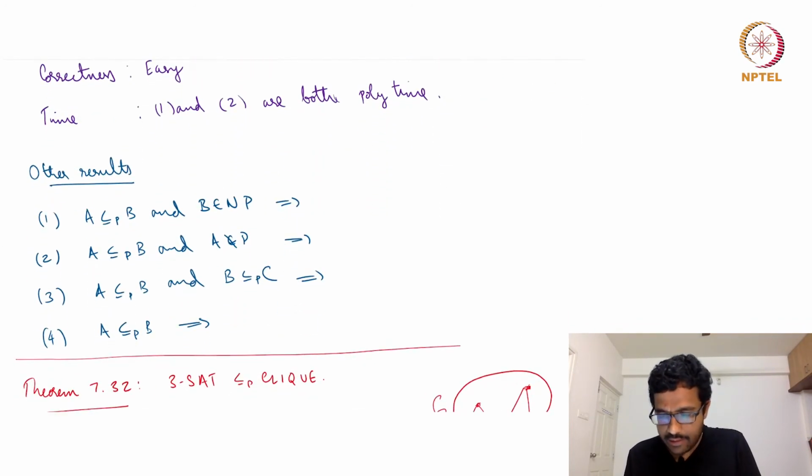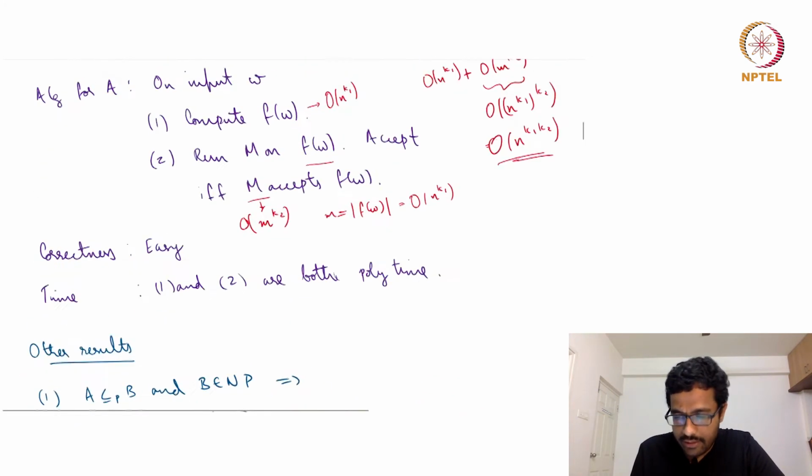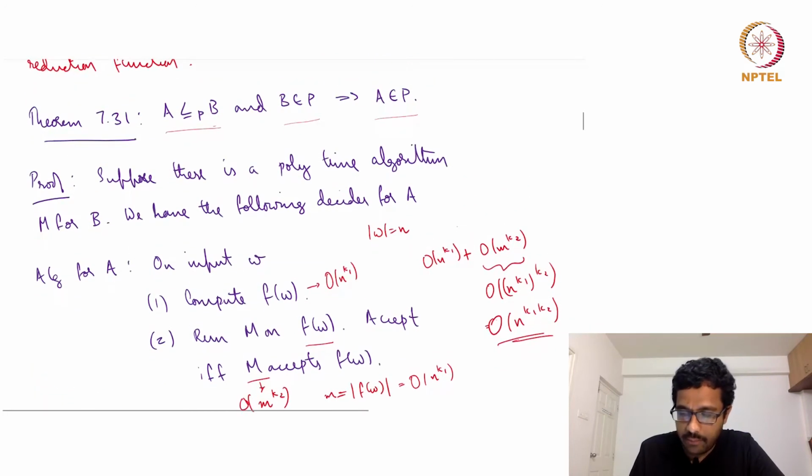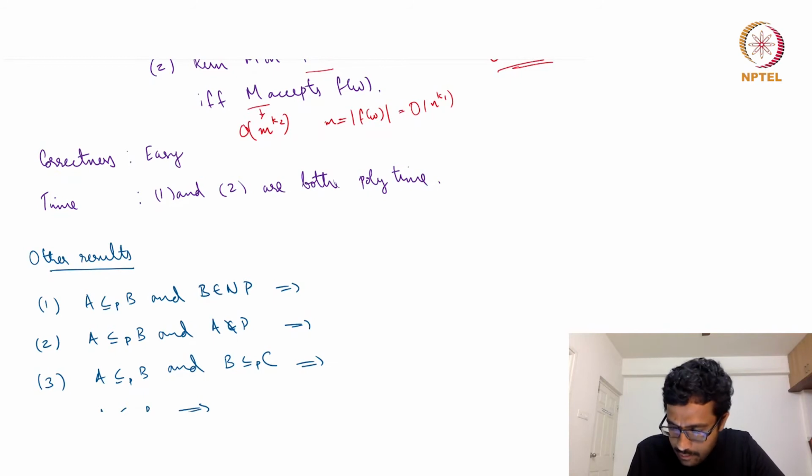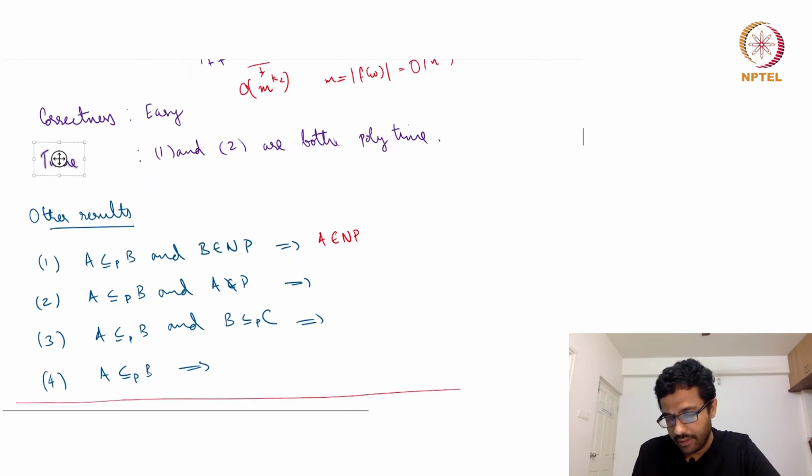And some other results are not so difficult to see. I'll just state them, and you could think about how we get these things. This result was that if A is reducible to B and B is in polynomial time, then A is in polynomial time. Instead, if B was in NP, then we can infer that A is in NP by exactly the same kind of arguments.